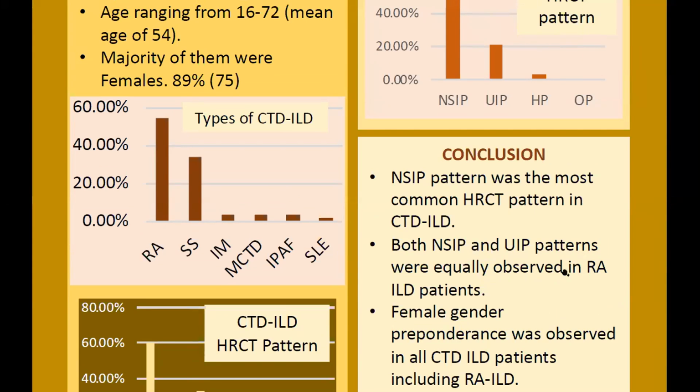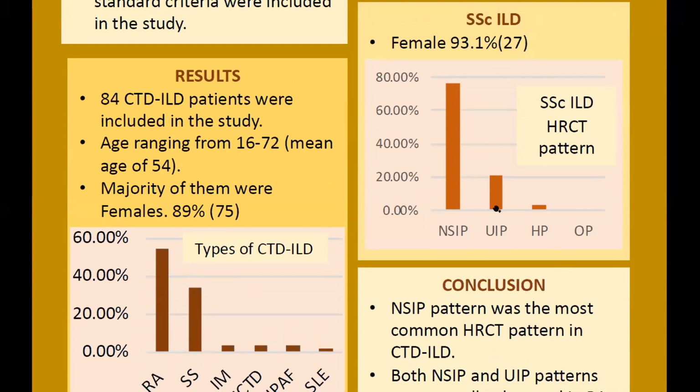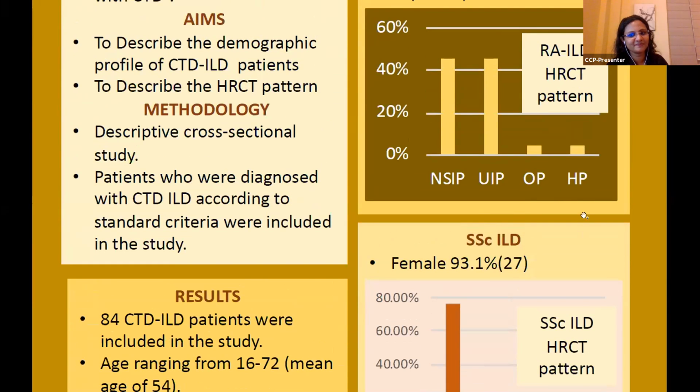Regarding the patients with rheumatoid arthritis, is there a possibility of drug-induced lung disease? Because most of them are on DMARDs, especially methotrexate. Did you look at the numbers of that also? Yes, madam. We have seen that also, but those patients were mainly included in the hypersensitivity pneumonitis group.